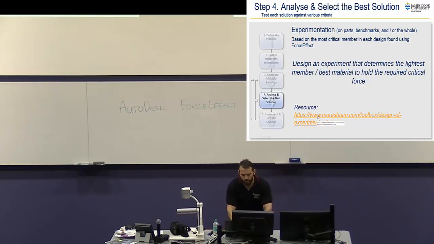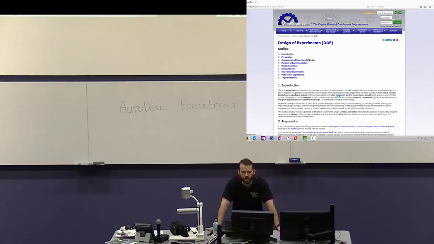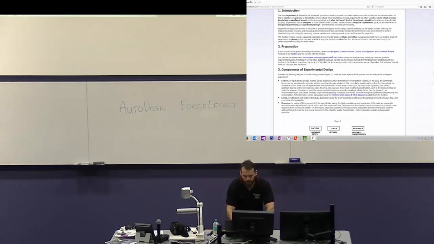The other thing that I want you to do is actually read this resource, which I've got in these slides. Okay, and this resource is pretty good. It talks about how to design an experiment. All right? So a bit of an introduction, preparation, and so forth.